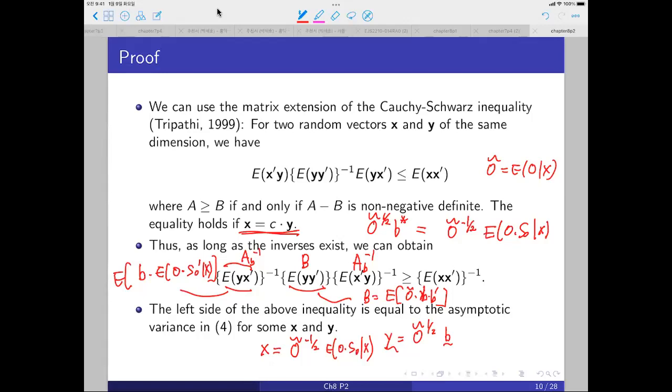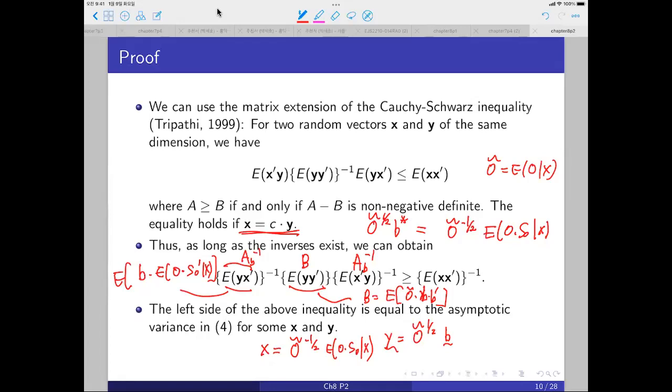How do we simplify X to O to the 1/2 times B? You mean how to get this solution? We want the one in the center to equal B, and the red part to equal A. So B is this, so we want to equate Y prime equal to O tilde B B prime.